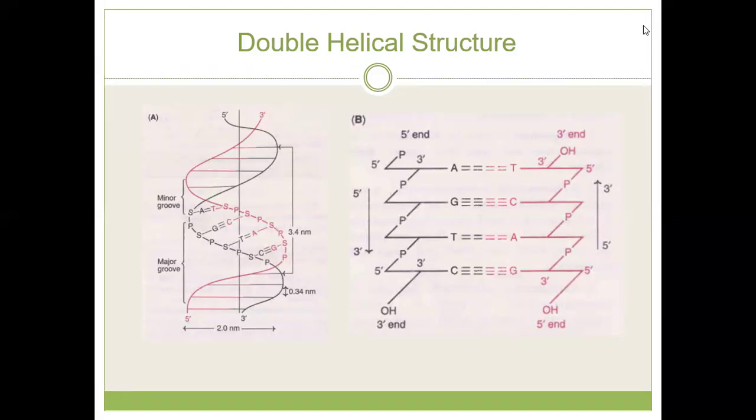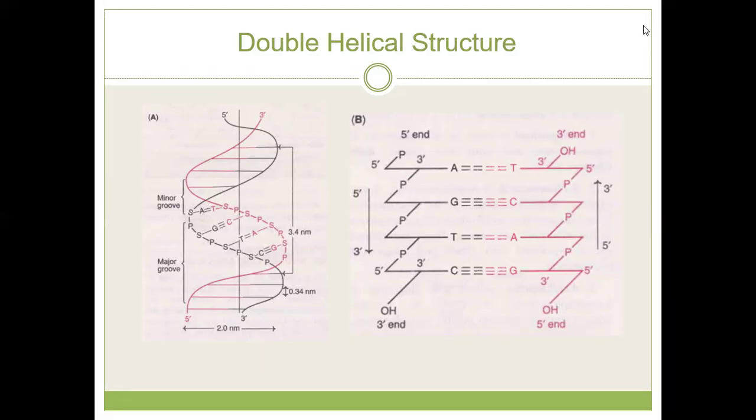So they are arranged in such a way that the more hydrophilic ribose forms the backbone, on the peripheral surface, while the more hydrophobic side forms a kind of stack of the nucleotide, the nitrogenous bases, inside.